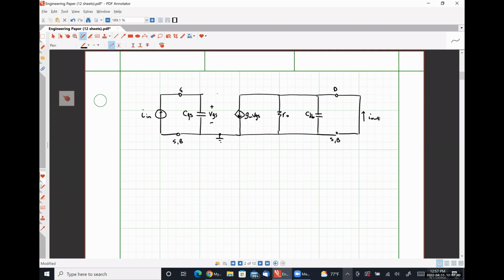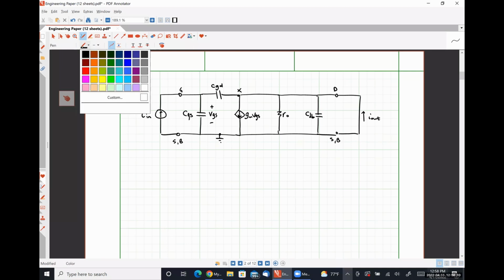The last thing that we need to do is account for this gate drain capacitance here. So arbitrarily calling this node Vx because that's what we did when we looked at the BJT case. If we apply Kirchhoff's current law at this node, the current flowing in is the current. So let's identify these guys real quick.